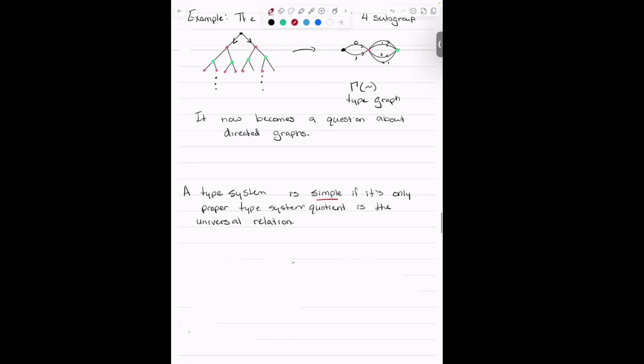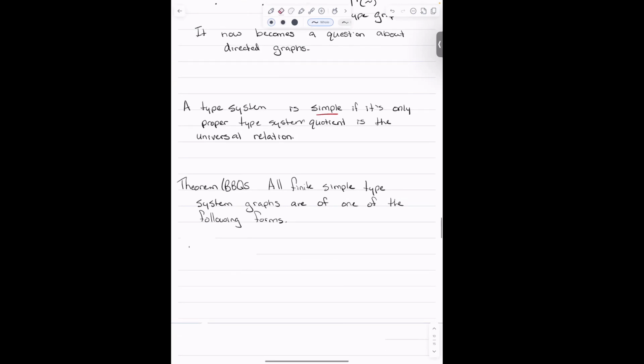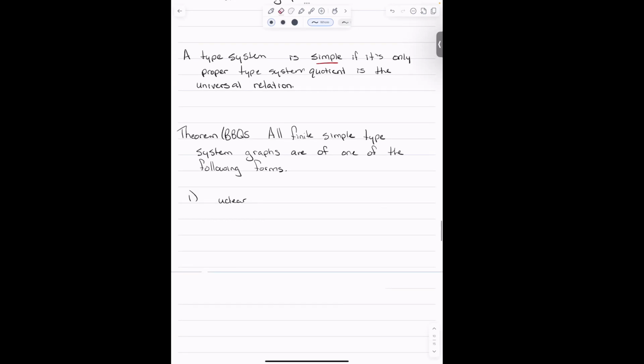And again, this is really the reason we want to look at the graph setting, because you can understand quotients of graphs, especially taking advantage of the fact that these are directed graphs. The first thing we show is that if you take a finite simple type system graph, then basically there are three options that can occur. The first is what we call nuclear.